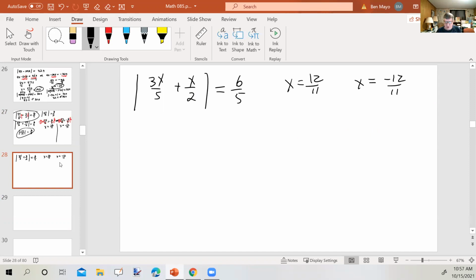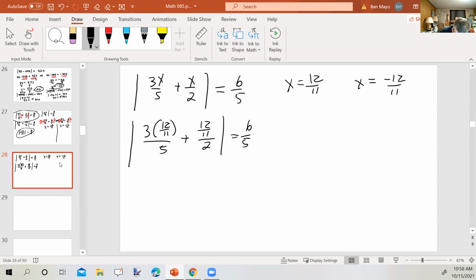Okay, so let's check it out. If x is 12/11, we get 3 times 12/11 all over 5 plus 12/11 over 2 equals 6/5. This does not look like fun, does it?